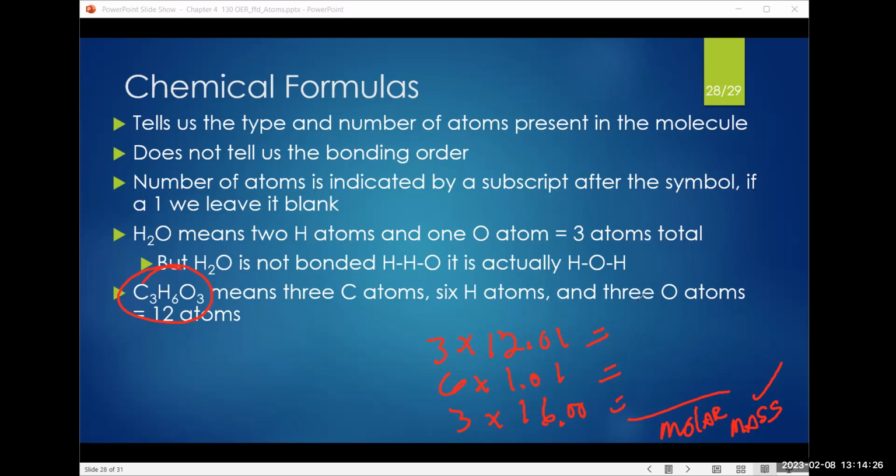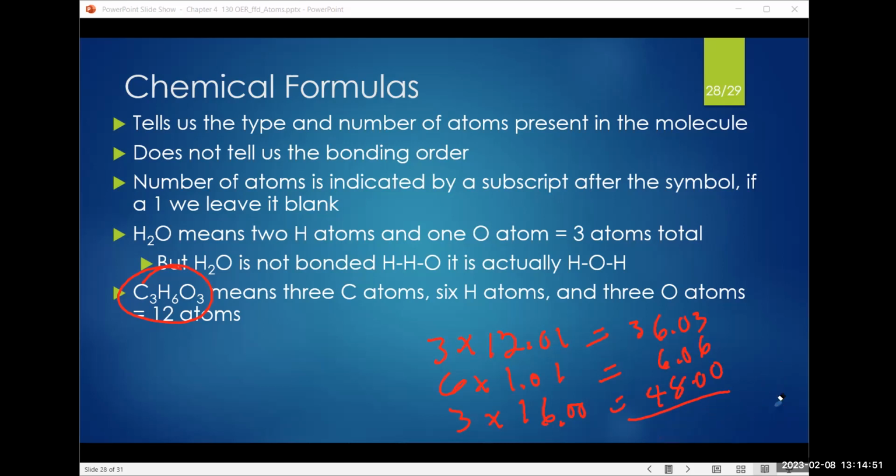So what do we got here? 36.03 grams, we got 6.06 over here, and we got 48.00 grams.